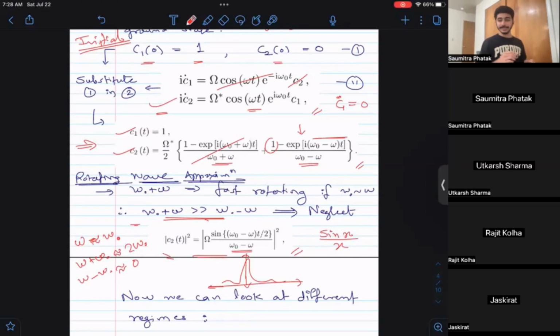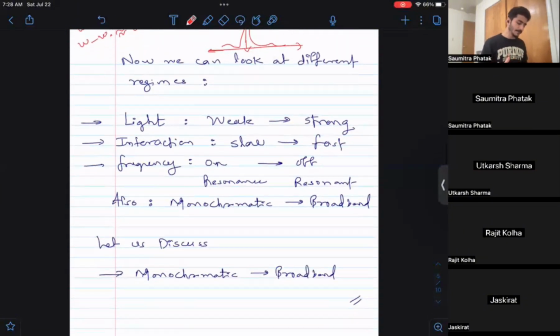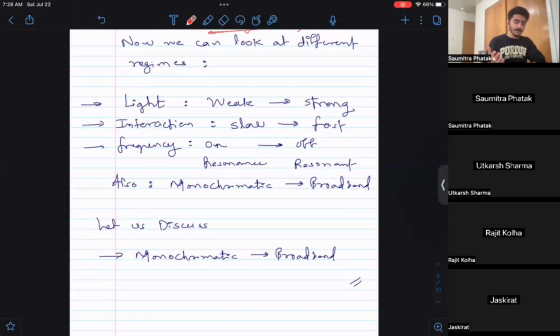So here we have got an expression for the time dependence of the population of the excited state. In our problem, we had an atom and we incident light on it. Now the different cases we can talk about is whether the incident light is a weak light, a strong laser, or any different source.